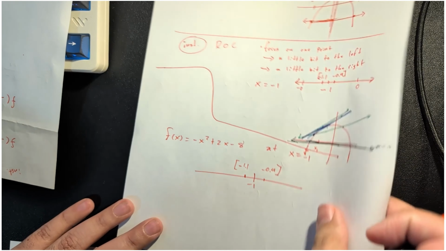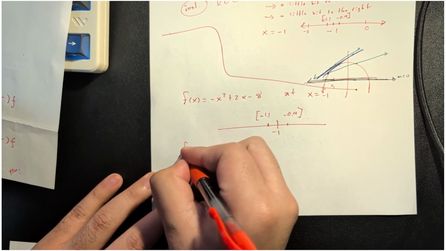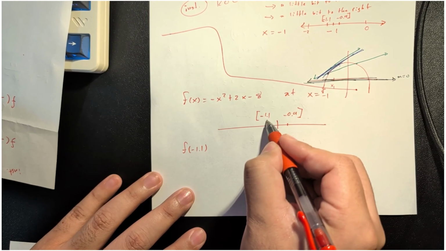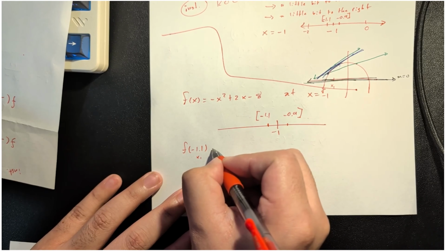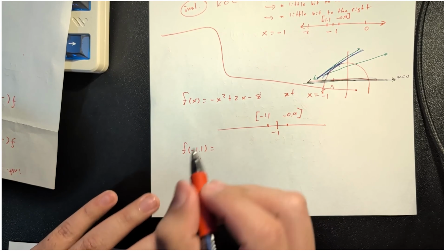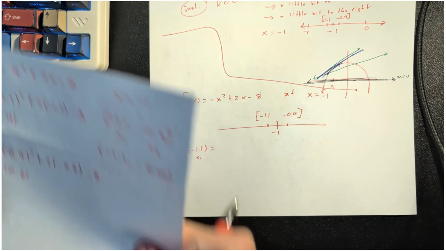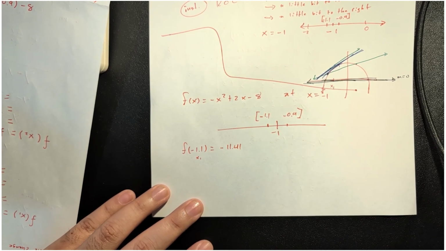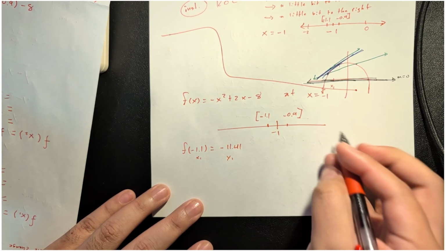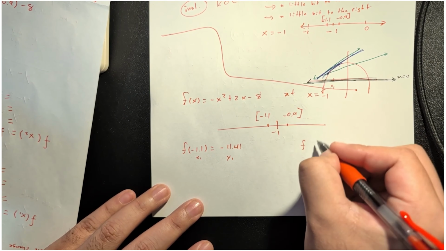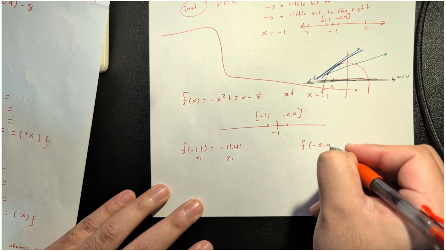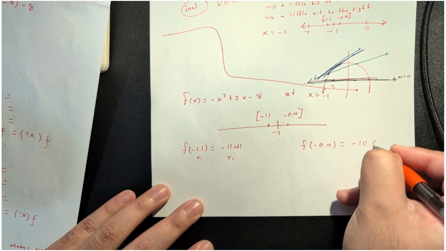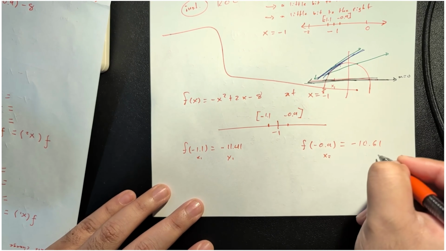Okay, if I plug this in, and I'm going to let you guys double check, negative 1.1, my x1, I'm going to get negative 11.41. And this is going to be my y1. And if I plug in f of negative 0.9, I'm going to get negative 10.61. So this is my x2, y2.